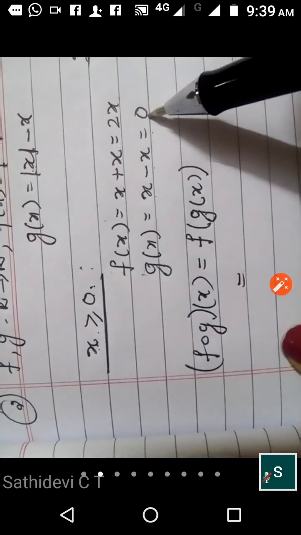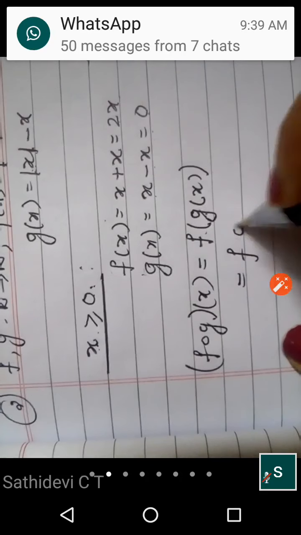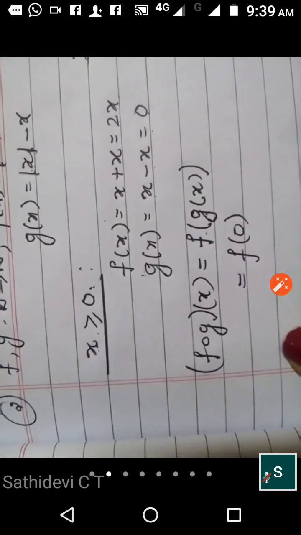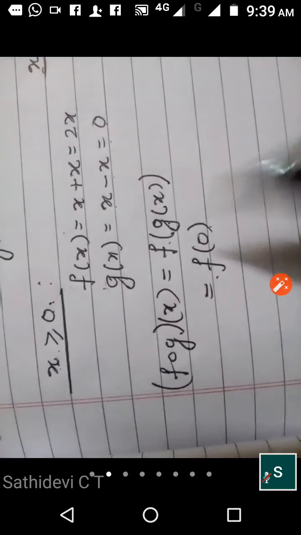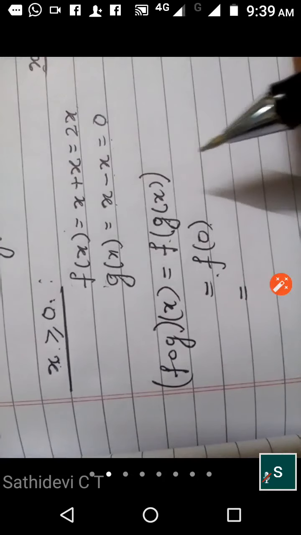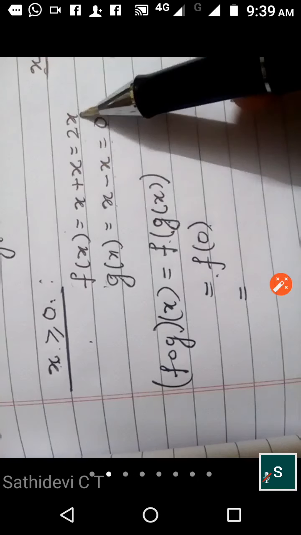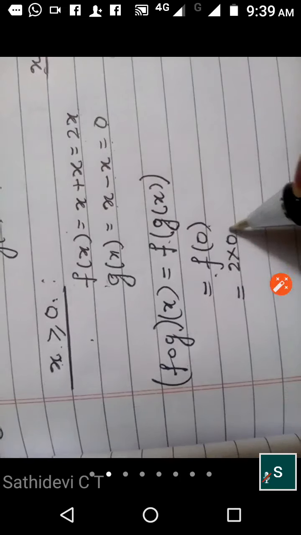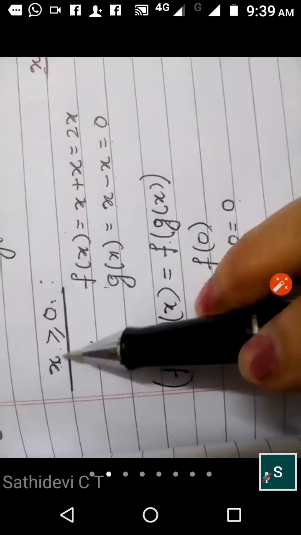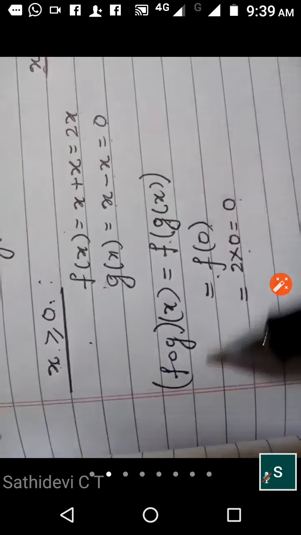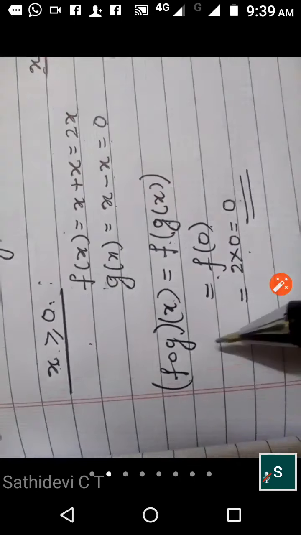Our g of x is 0. So here we can write f of 0. And in this case, what is f of 0? When x is equal to 0, f of x is 2x, that means 2 into 0 equal to 0. So finally, when x is greater than or equal to 0, f composite g operator on x is 0. Look at the steps once more properly.